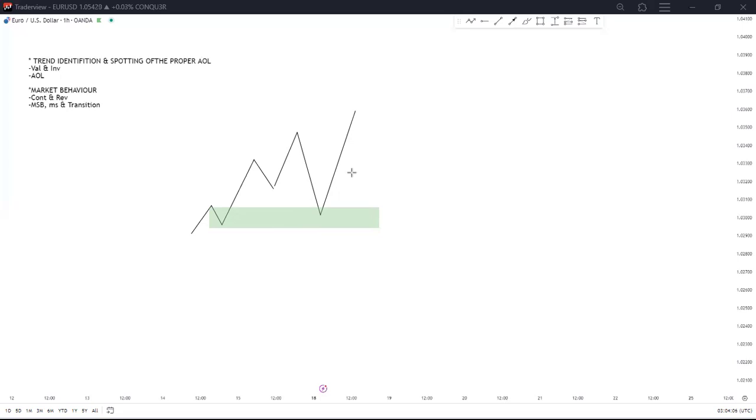We have 3 cases. We have case 2 and case 3, but I will not talk about case 2 and case 3. I hope my students understand. But this one is very clear and very basic, which will allow you to understand that not every shift performed in the market will lead to a reversal of the market.